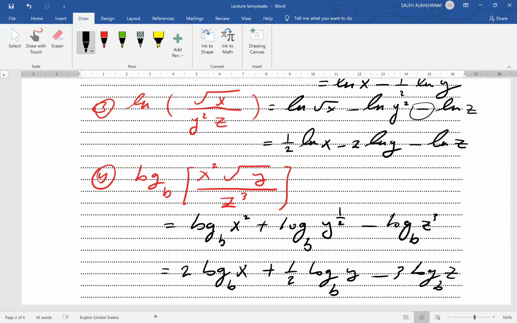So this is the idea of using the properties to expand a logarithmic expression.